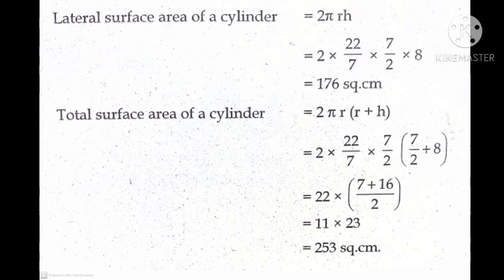Next step, 22 cancel with the 2 table, we get 11 into 7 plus 16, 23. After multiplication we get 253 square centimeter. Therefore total surface area of cylinder is 253 square centimeter.